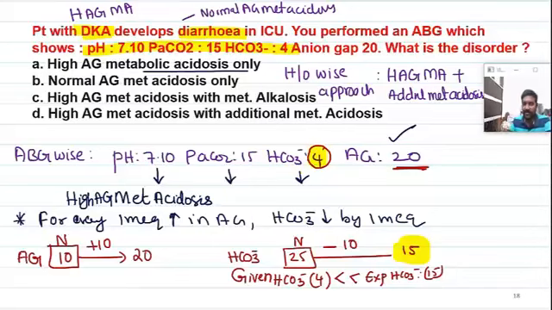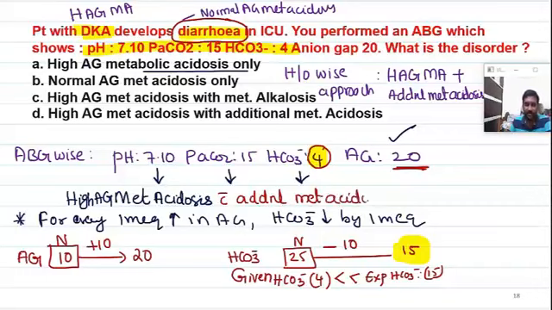So anything that decreases bicarbonate should be considered as additional metabolic acidosis. Is there any disorder in the clinical history capable of causing additional metabolic acidosis? Yes, diarrhea. So the answer is high anion gap metabolic acidosis, putting this together with additional metabolic acidosis.